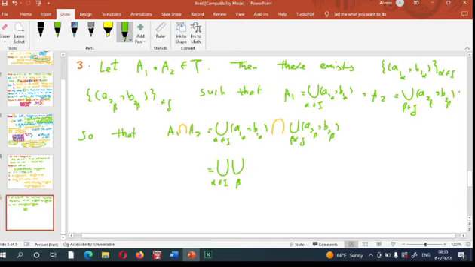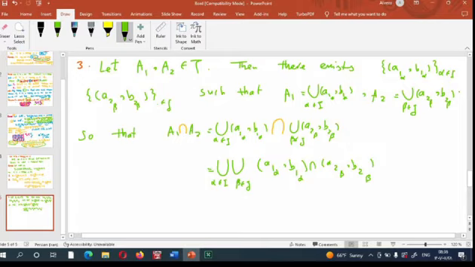Beta belong to J, and this intersection A1 alpha, B1 alpha intersection by A2 beta and B2 beta.